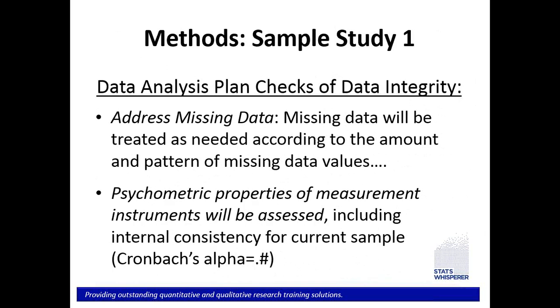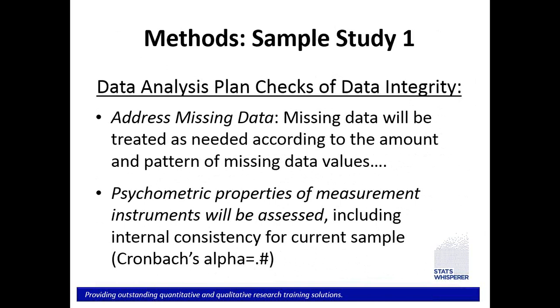Right, now, addressing missing data. Now, we don't know how much missing data there might be. There might be a little, there might be a lot. It may present a great problem or no problem at all if there are no missing data, right? So we say missing data will be treated as needed according to the amount and pattern of the missing data values. So we don't know what it is, right? So we could mention that we will consider MI, the multiple imputation we mentioned.